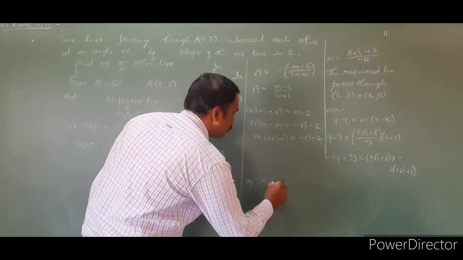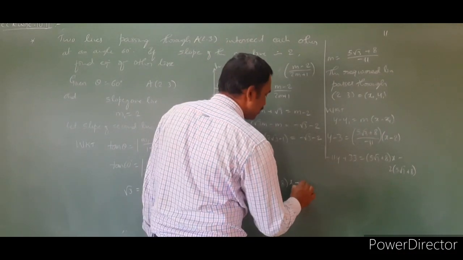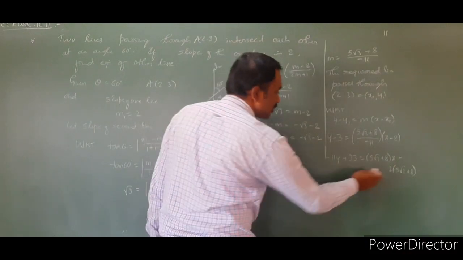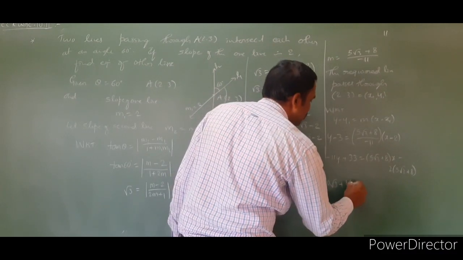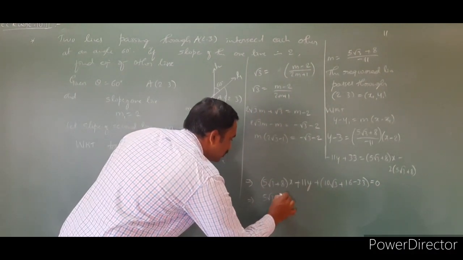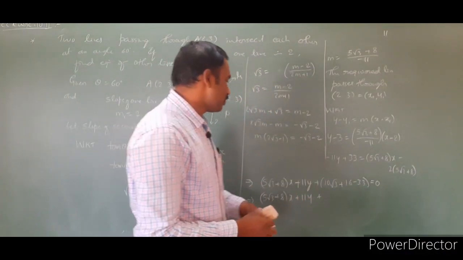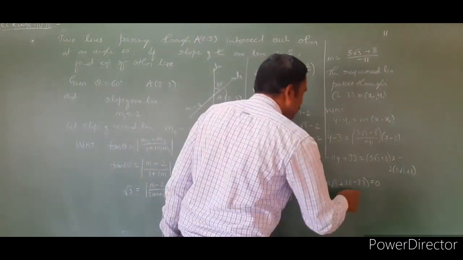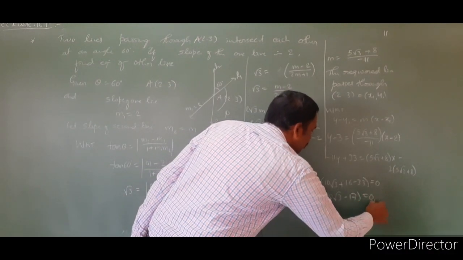So (5 root 3 plus 8) into x, plus 11y shifted to the right hand side, and 33 shifted to the right hand side as minus 33, 2 into this bracket: 10 root 3 plus 2 into 8 is 16, minus 33 is equal to 0. Finally, (5 root 3 plus 8) x plus 11y plus 10 root 3, it is not possible to simplify, keep as it is, 16 minus 33, so 16 minus 33 is minus 17. 10 root 3 minus 17 is equal to 0.